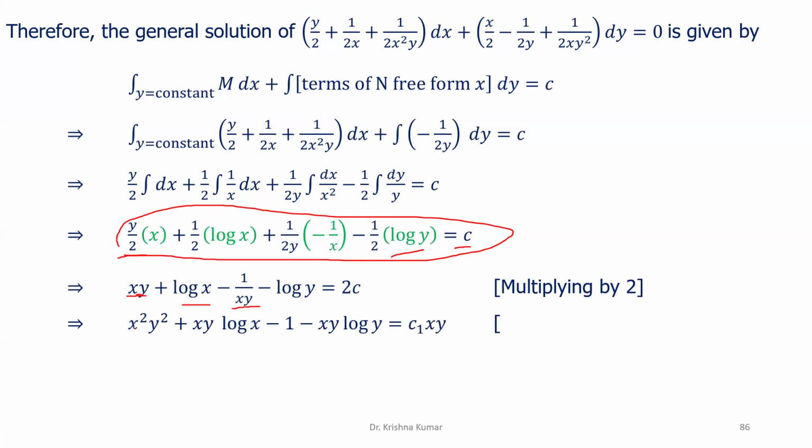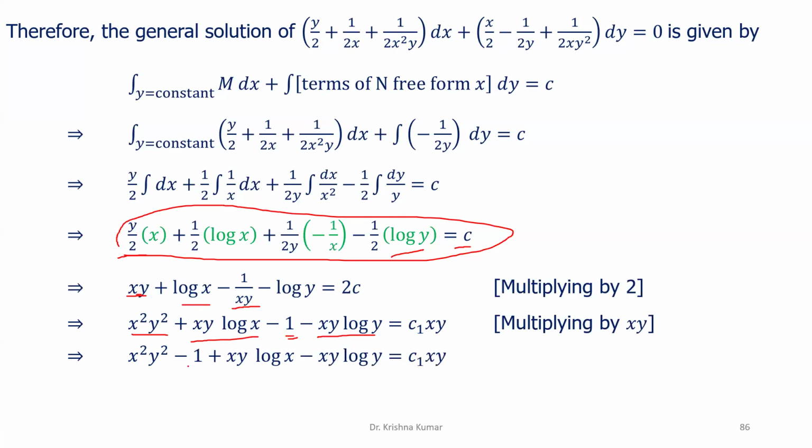So x square y square plus xy log x minus 1 minus xy log y, which is equal to c1 xy, or x square y square minus 1 plus xy log x minus xy log y equal to c1 xy.